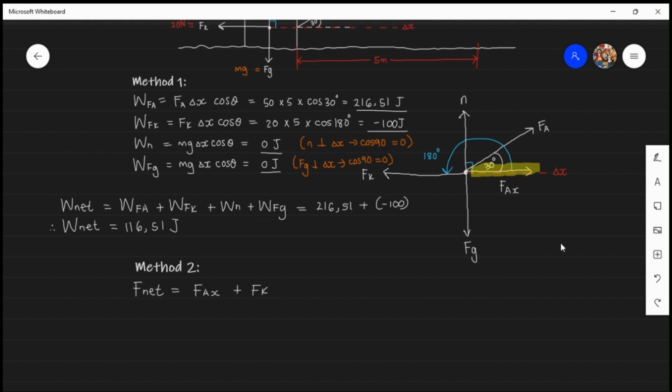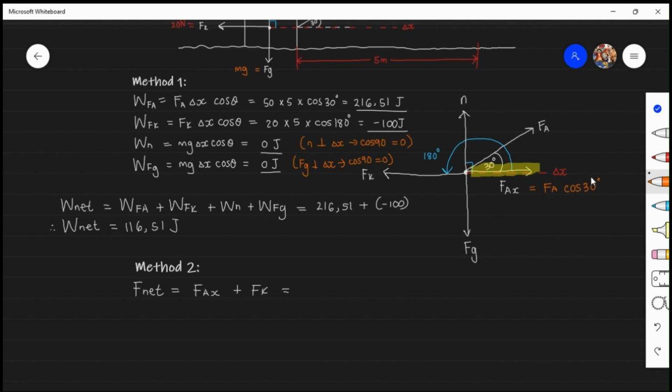So we are going to take right as positive. That means that our horizontal component of our applied force will be positive and the kinetic friction will be negative. So let us now try and calculate for FAX. So our FAX value is going to be equal to our applied force times cos of 30 degrees.